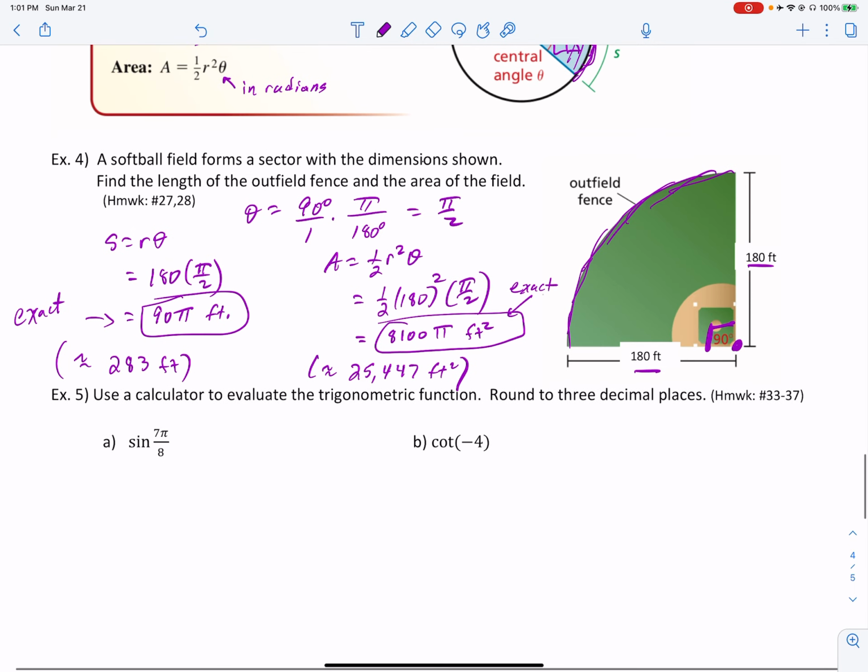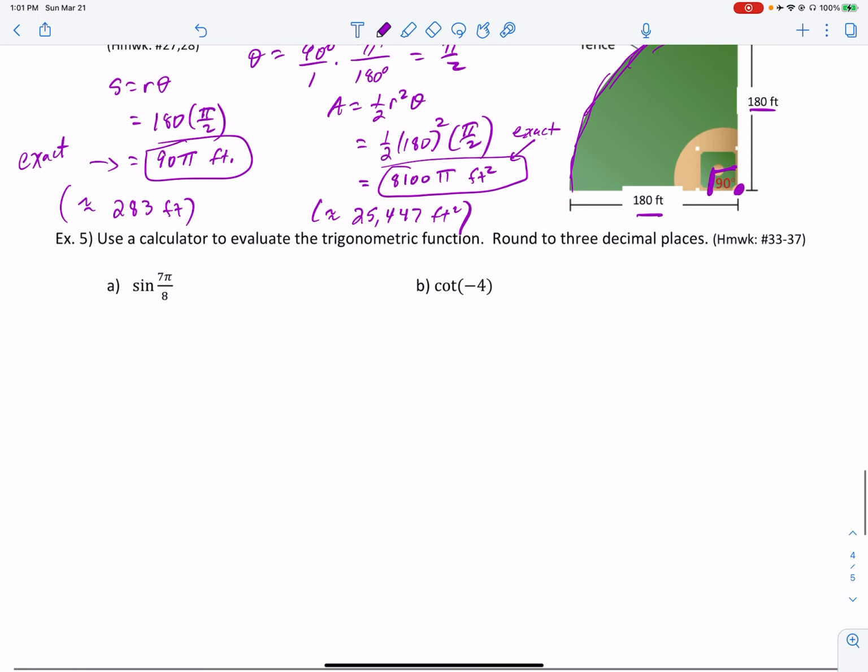Then using your calculator to evaluate, there's no degree symbol, so this is in radians. There's no degree symbol, and even though there's not a pi, since there's no degree, this is a radian value.